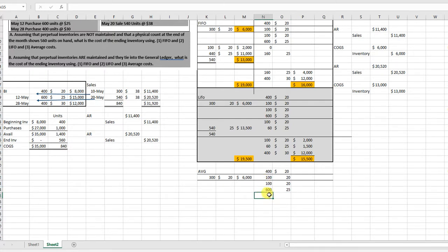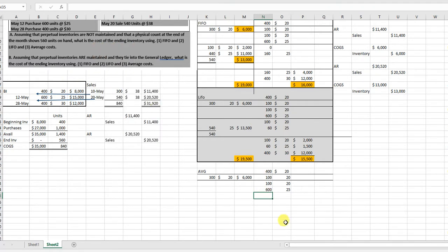Okay, so here's where average cost kind of differs. Every time right before I have a sale, or you could do it after you had a purchase, I need to figure out my new average. But it's a weighted average, which means I don't average 20 and 25 because I had 600 at 25. So I had a total of 700 units, and that cost me $17,000.